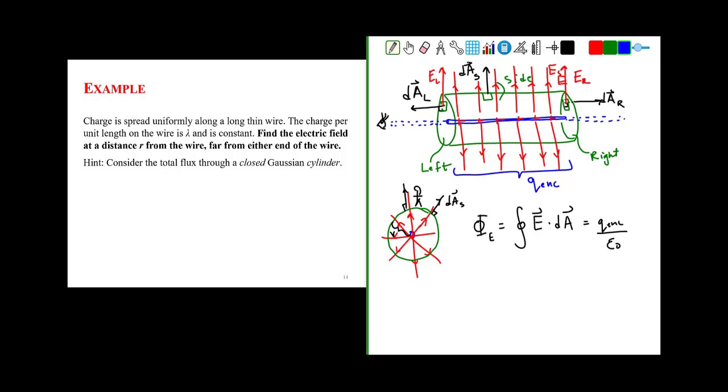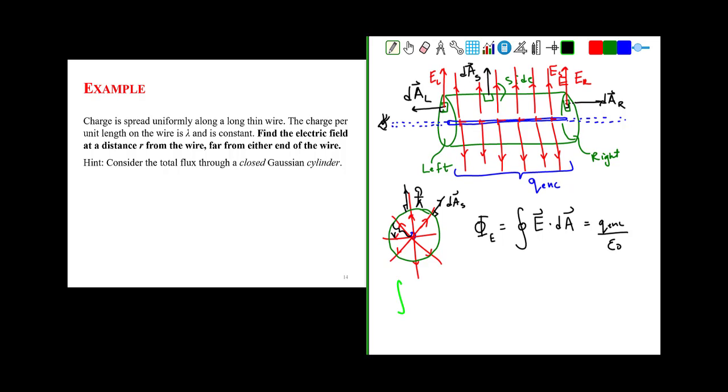Well, let's look at this surface integral. So this closed surface integral can be done by summing up over each of the surfaces.